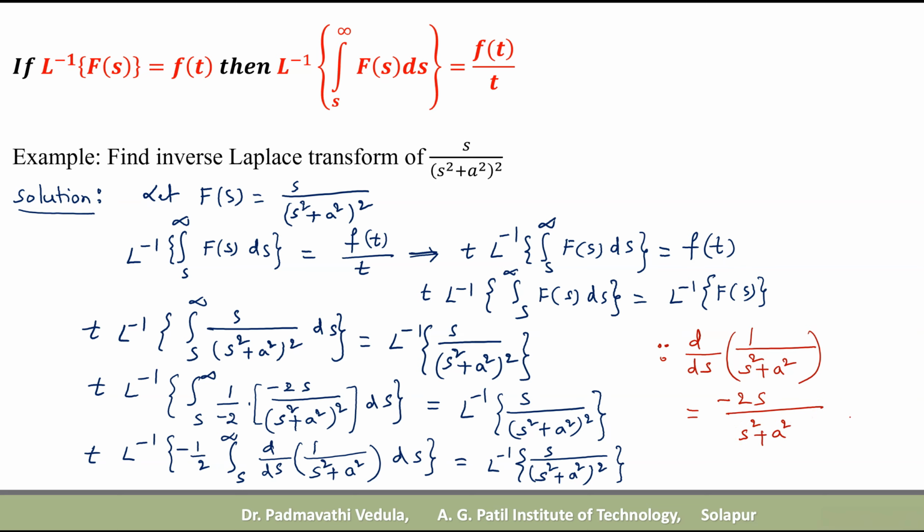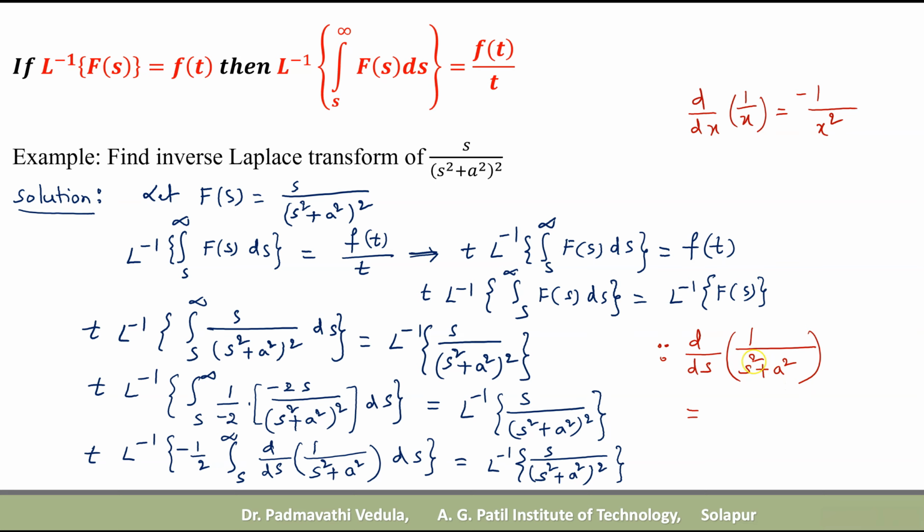How do you get this? Here d by ds of this can be written as 1 by x form, so first apply the 1 by x formula. What is d by dx of 1 by x? It equals minus 1 by x square. But here in the place of x, s square plus a square is there.